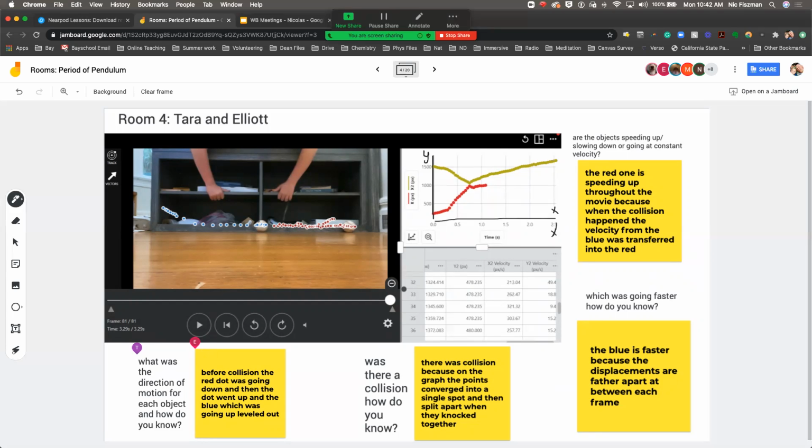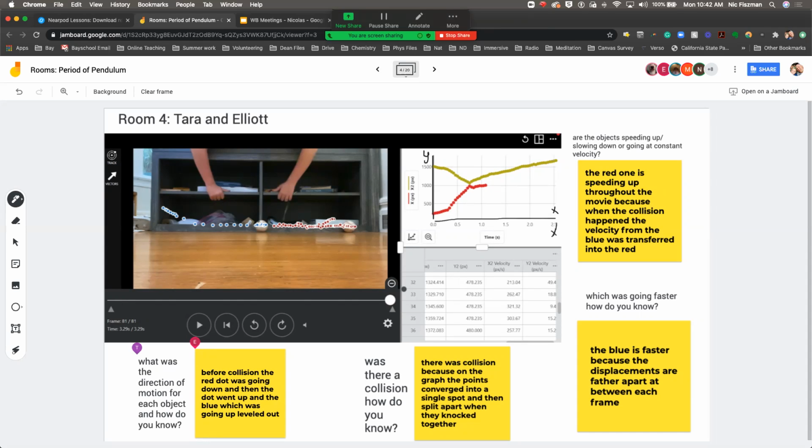There was a collision because on the graph, the points converged into a single spot and then split apart when they were knocked together. Before the collision, the red was going down, and then after the collision, because of the momentum that was transferred, it was going up. And the blue leveled out.